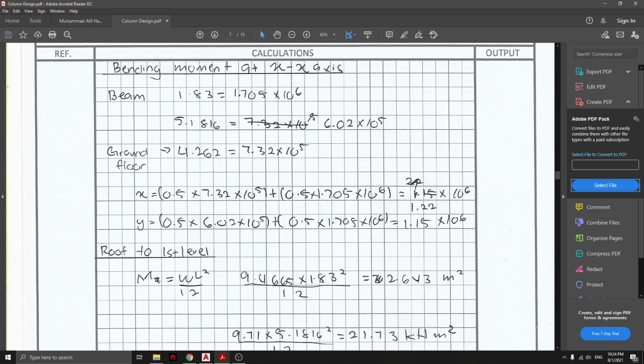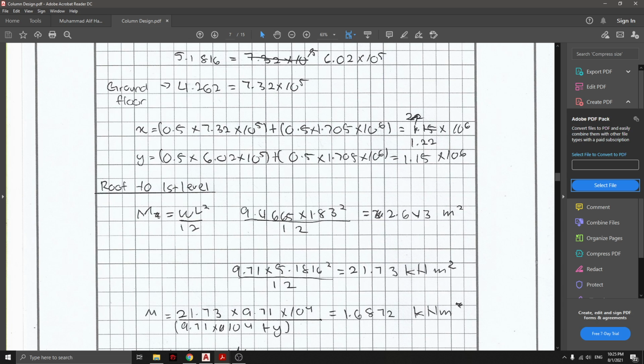For my ground floor, the length changes, so this is for roof and first floor. This is ground floor. So I need to calculate a new one.